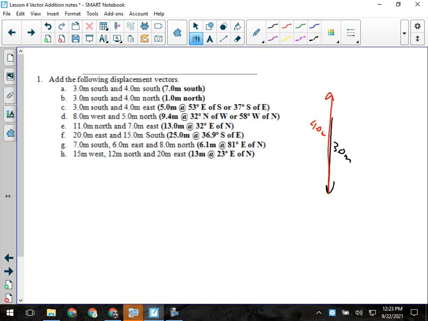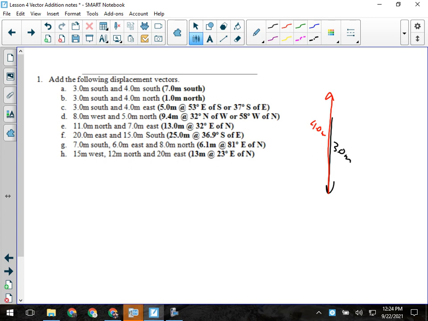Now my displacement is 1 meter north. Still drawing the same way. So the fundamentals, regardless of whether they're collinear, perpendicular, or randomly angled, the kind we were working on yesterday, we still draw them tail to head, and we look at what our final product is going to be.